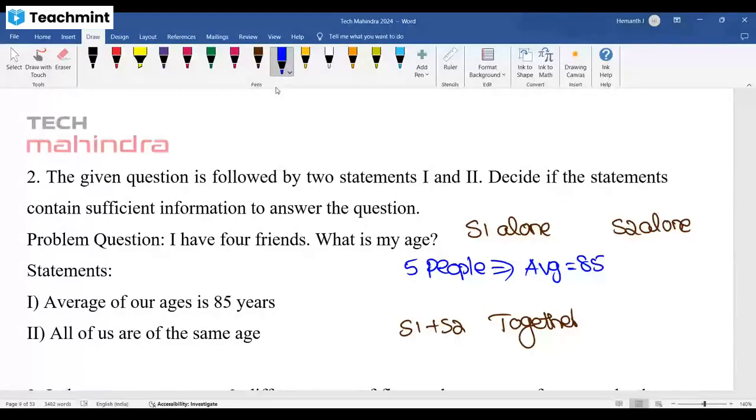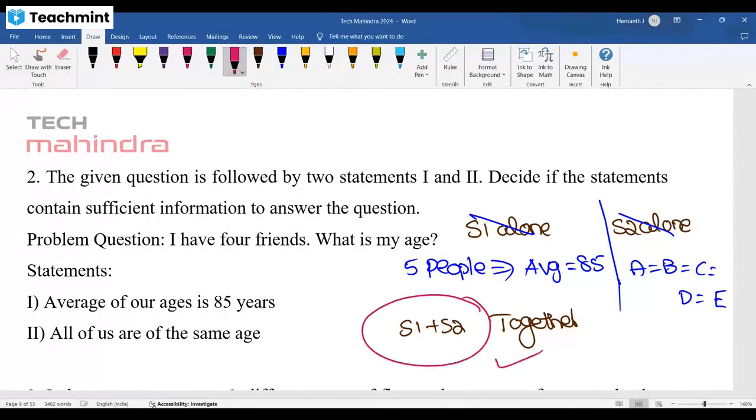So an average of 85 does not mean I can decide everybody's age is 85. Statement two alone: all of us are of the same age, meaning five people, let's say A, B, C, D, E, are all the same age. Using statement two alone, I cannot decide, but put together is correct.